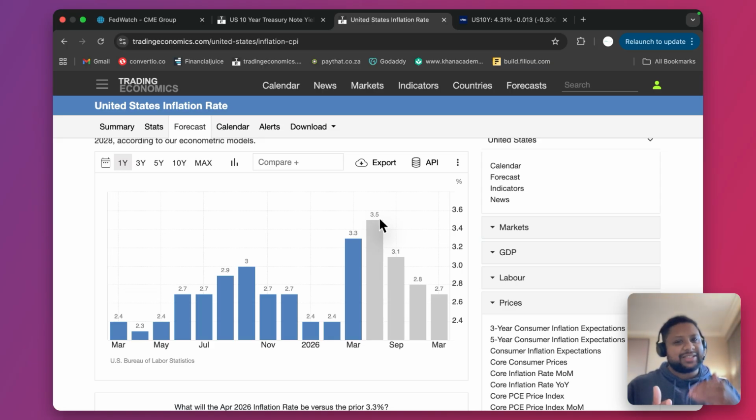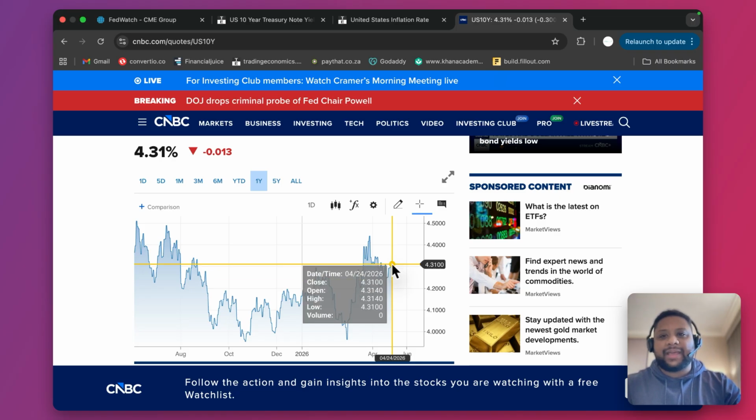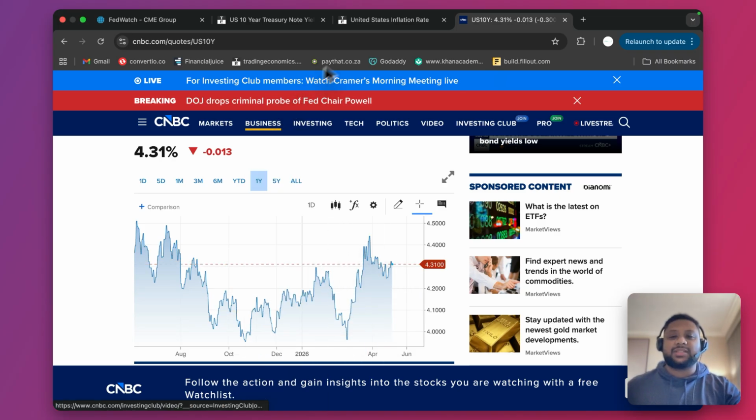So what that tells us is that inflation is likely going to increase. And when we move over to the bonds, we can see that the bonds remain elevated. And so what we take from all of this information is that the Fed is likely going to keep rates higher for longer on the basis that inflation remains a concern.